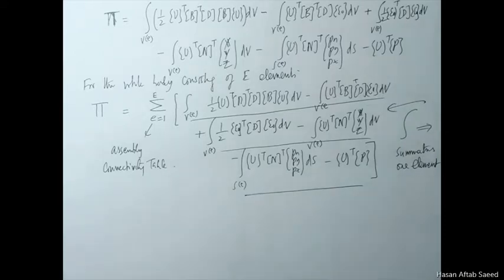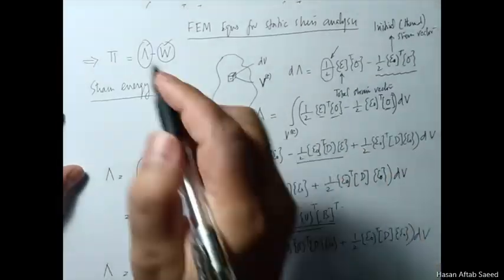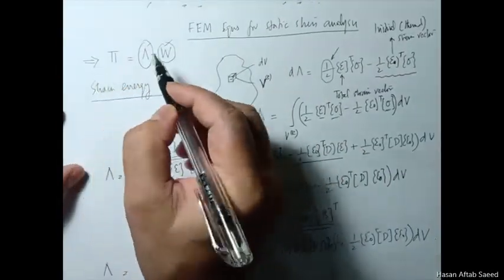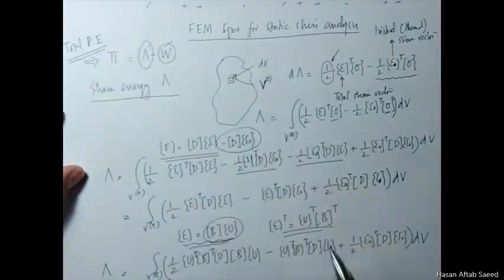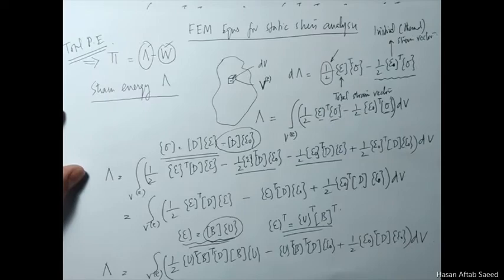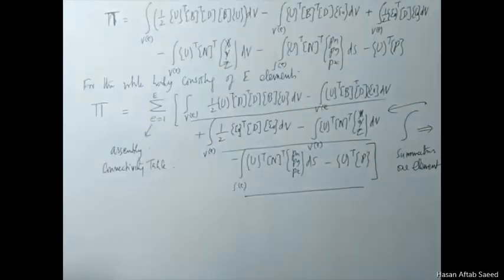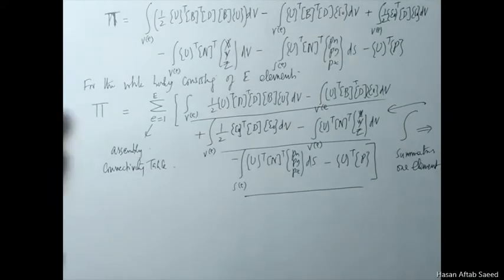So what was the next step? Again, we start from where we started. This is the expression for the total potential energy. The principle of minimum potential energy says that this energy will be minimized at equilibrium, and that's what we are dealing with in static problems.